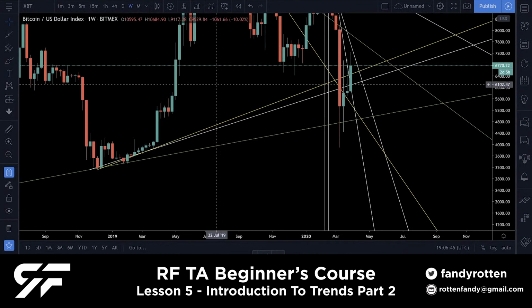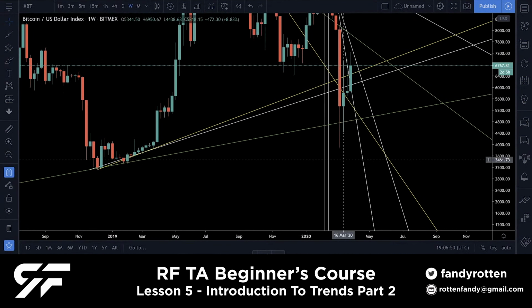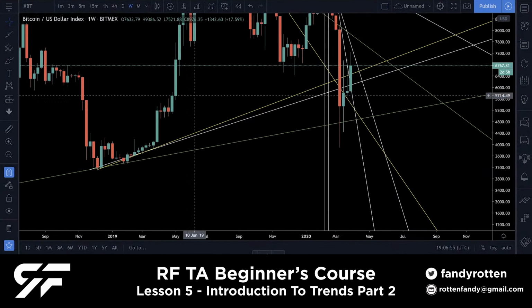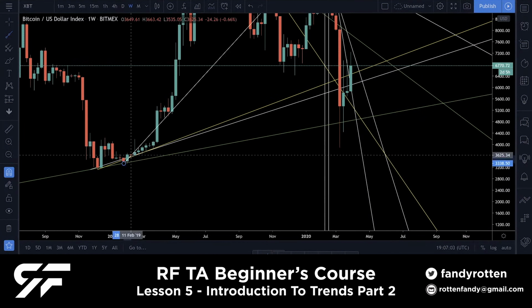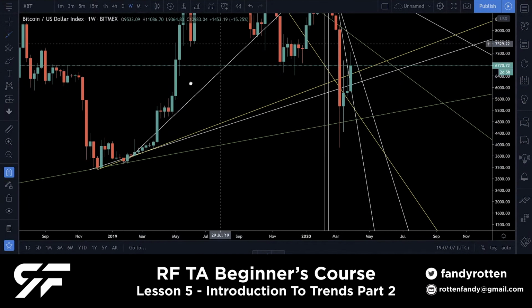Okay. Now, as you guys can see, the moment it actually lost this trend line, this is why it had that big dump. Okay. And now we have another trend line that is actually over here sticking out from this point to this point, and then we go to the next hard close, which is right here.